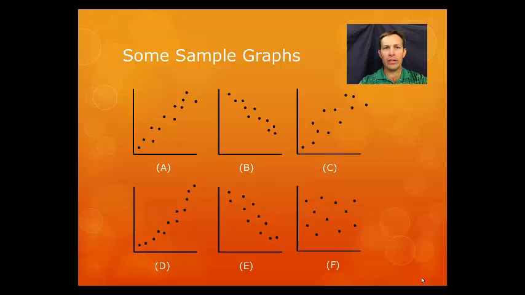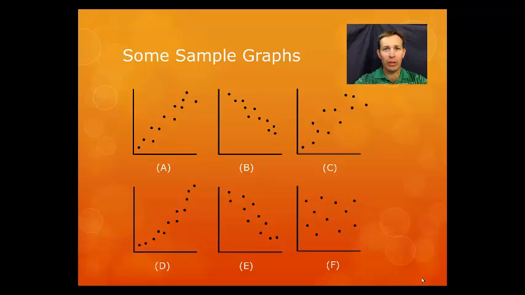Now that you've had a chance to examine the graphs, let's discuss some common trends. Some of the graphs have a positive trend, while others display a negative relationship between the horizontal and vertical axes. We can also comment on the relative strength of the linear relationships.